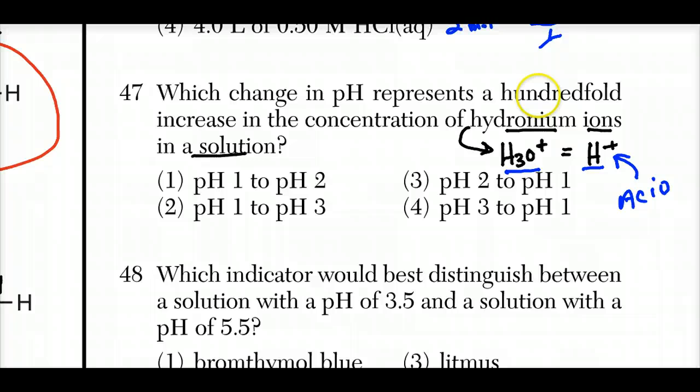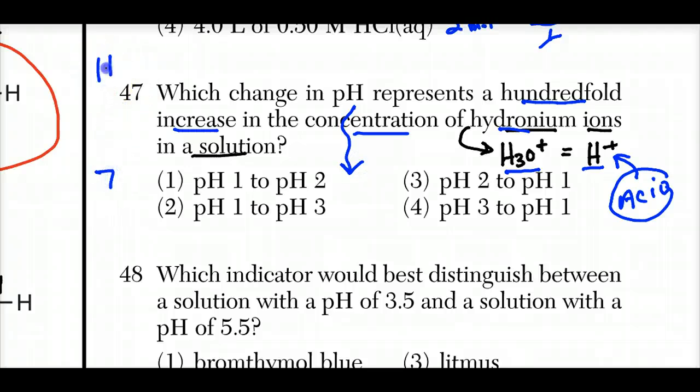So we have a 100-fold increase in the concentration of an acid. So our pH is going to drop. You should know that a 7 to 14 range is a base solution, and anything lower than 7 is acidic.